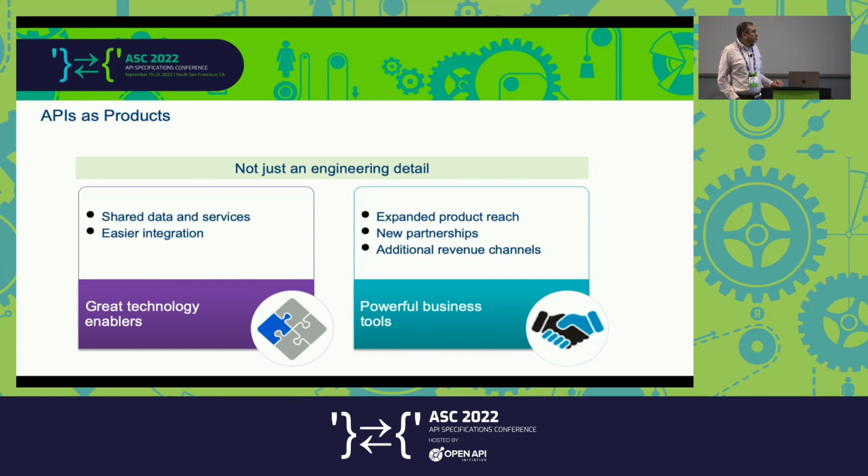So to manage APIs and platforms as products, we have to recognize that these are technology enablers and these are powerful business tools. So while technology decisions are a function of engineering teams, these API products are powerful business deliverables, and that is how they should be looked at.